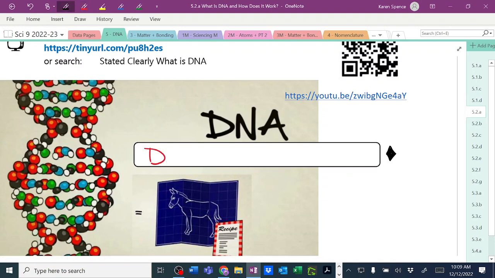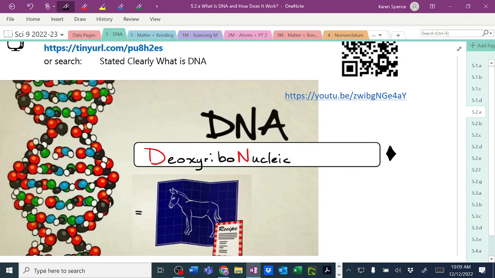D is for deoxyribo, and then we have nucleic. By the way, where do we find DNA? It's in the nucleus, and guess what?